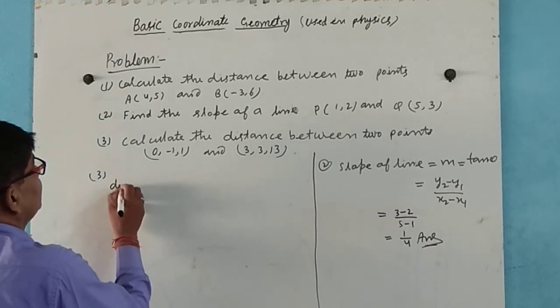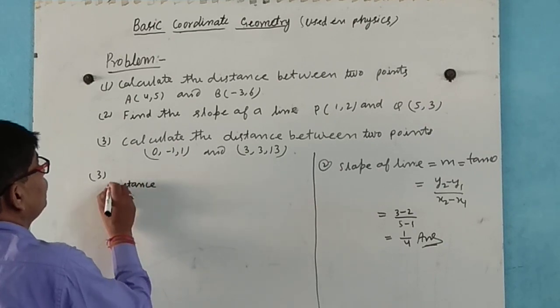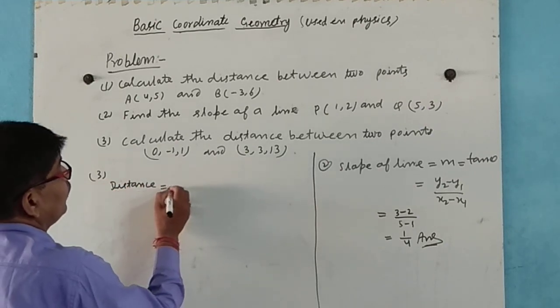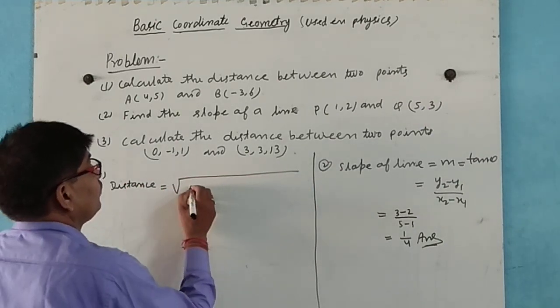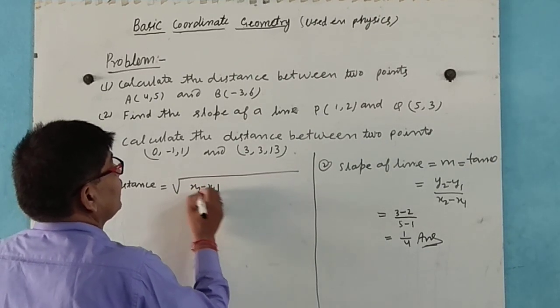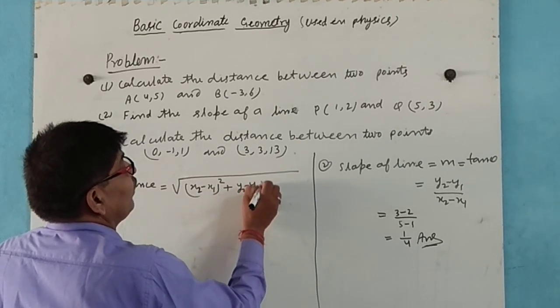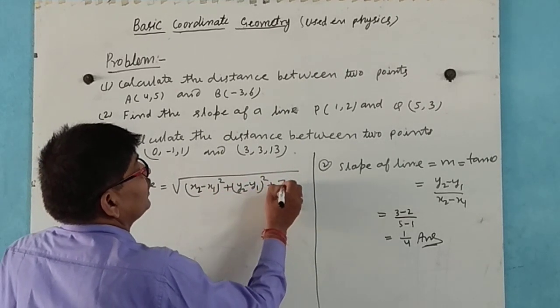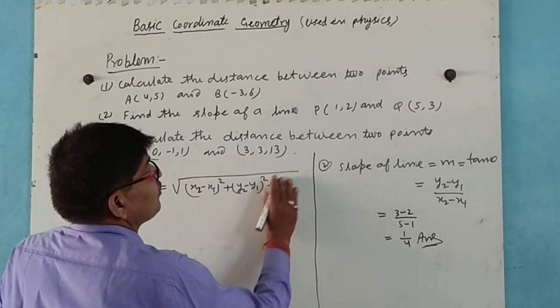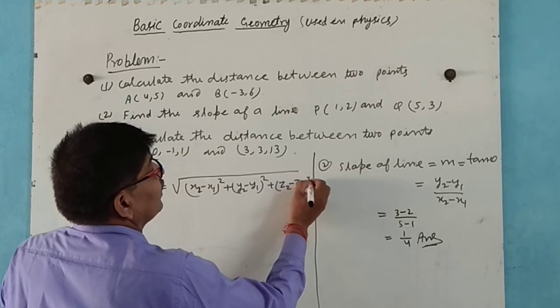In this case, distance equal to under root x2 minus x1 square plus y2 minus y1 square plus z2 minus z1 square.